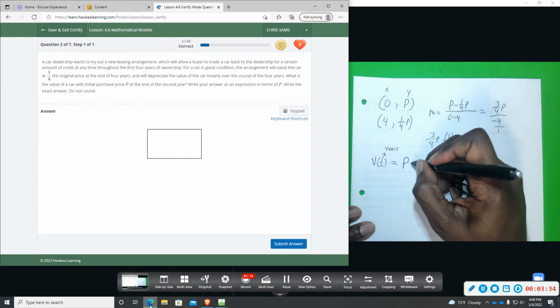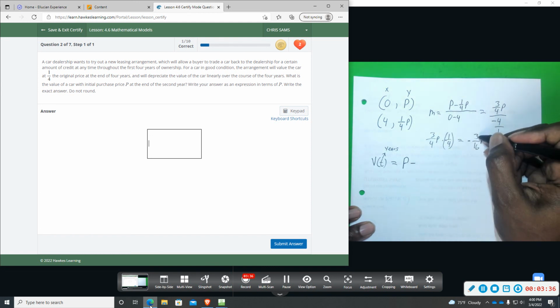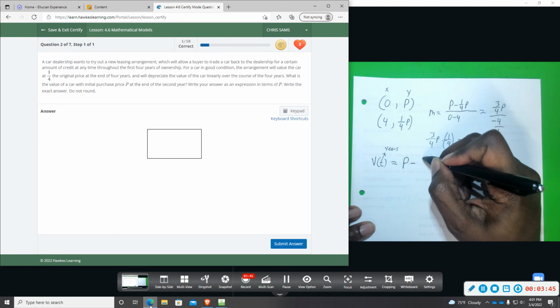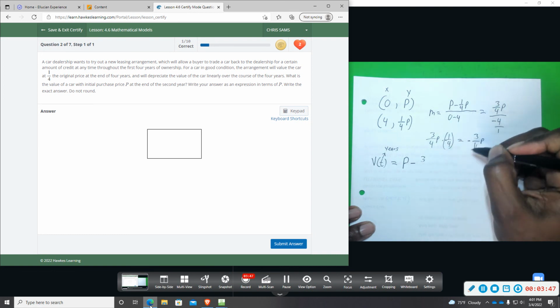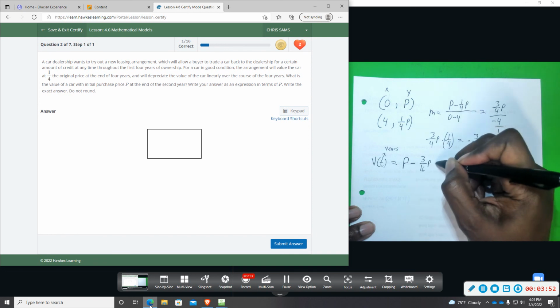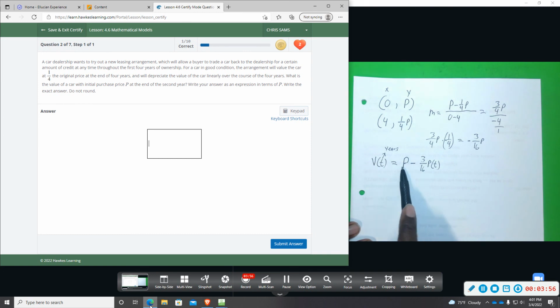And then we're going to subtract this value, which tells us how much the car is depreciating each year. So you're going to lose 3/16 of the price times how many years have passed. So you have your original price, and you're losing this much per year. Once you know what the price is, you multiply that, and that's how much you'll be losing, then you multiply that times the number of years.